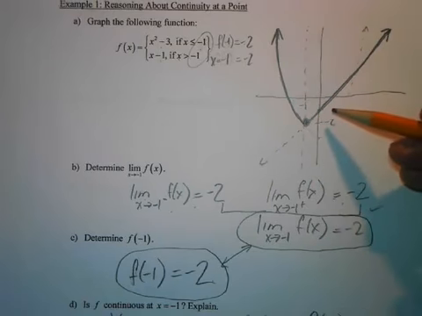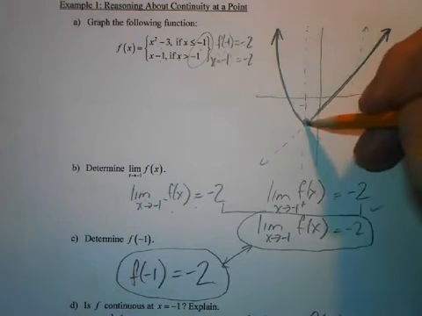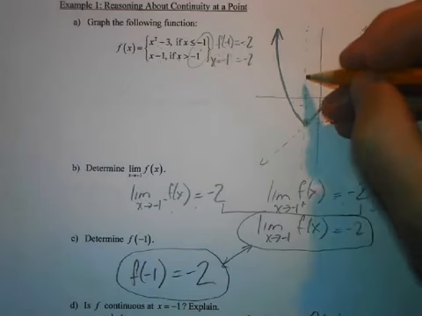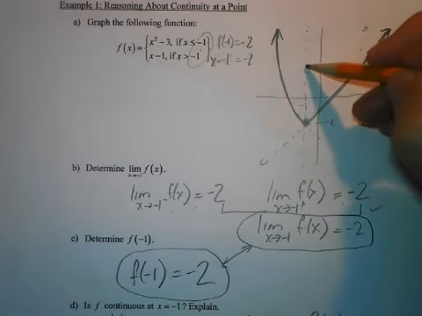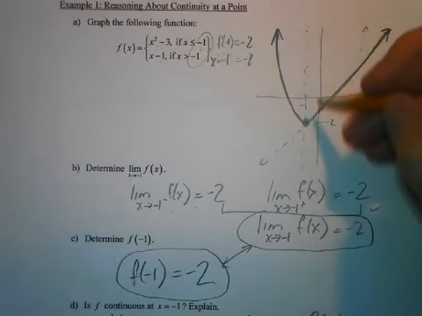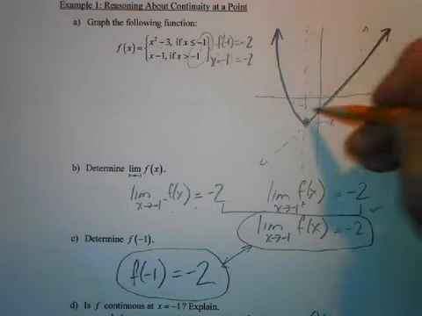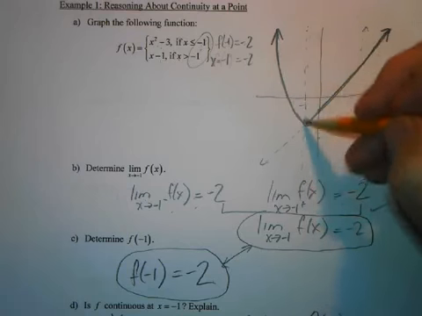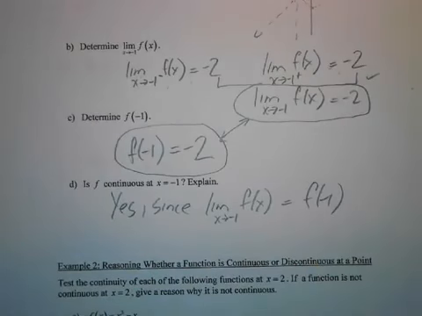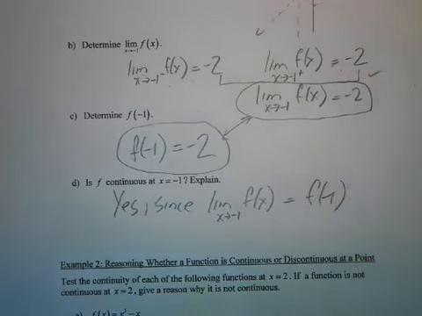We did have some examples where maybe the two sides had the same value for their limits, but the actual value of the function was somewhere else for some reason. In that case, if we're looking at continuous or not, that would not be continuous. The fact that the value of the function is the same as the limit means the function is continuous at that point.